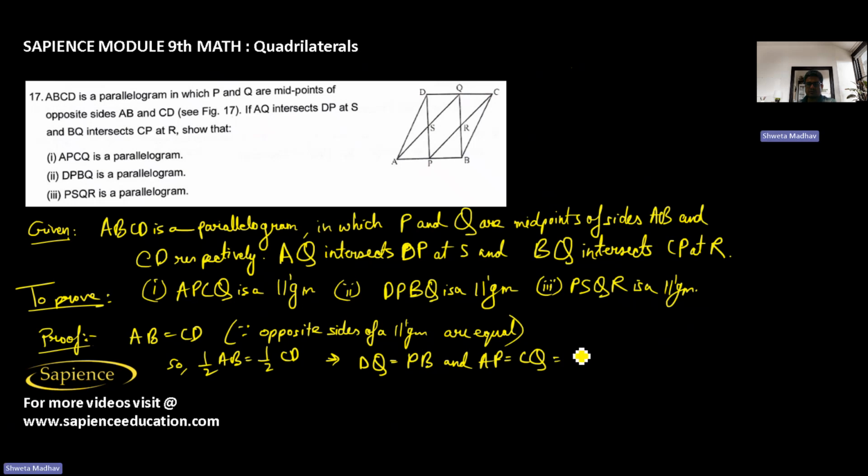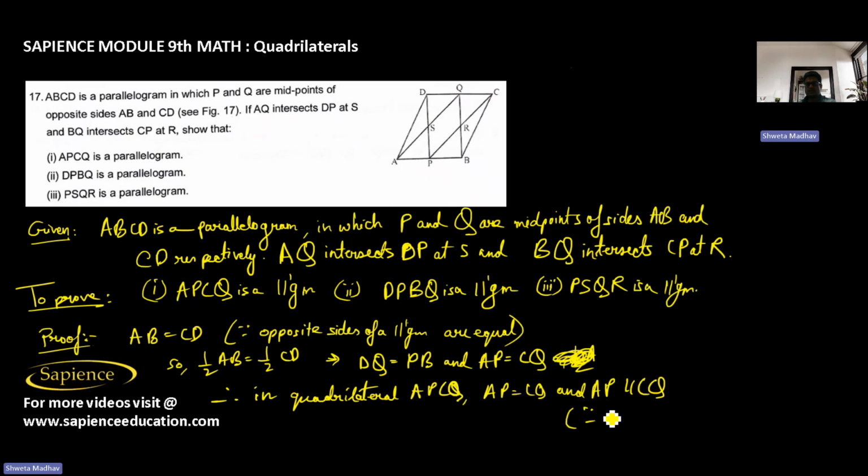Is equal to half of... so therefore we can say that in quadrilateral APCQ, AP is equal to CQ and obviously AP is parallel to CQ, since it is given that AP is parallel to DC.